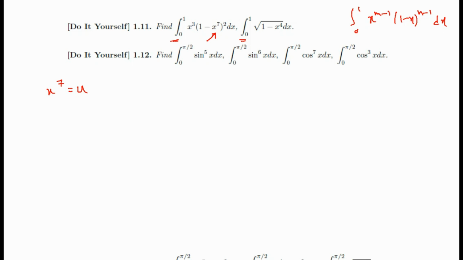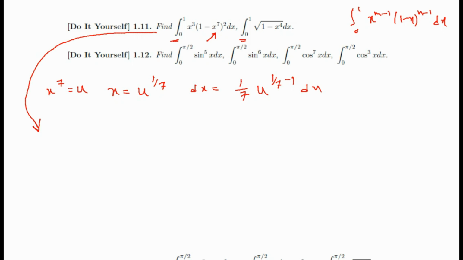So x equals u to the power 1 by 7 and dx equals 1 by 7 u to the power 1 by 7 minus 1 du. Now for the limits, for x equal to 0, u is 0 and for x equal to 1, u is also 1.